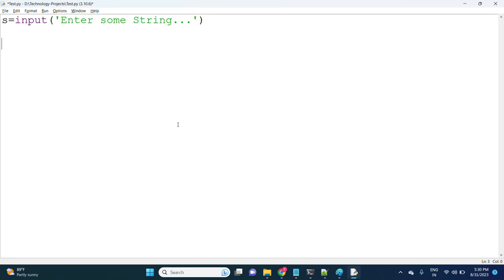After entering the string, first: for x in s. First I take the characters at positive index, so I take i = 0.